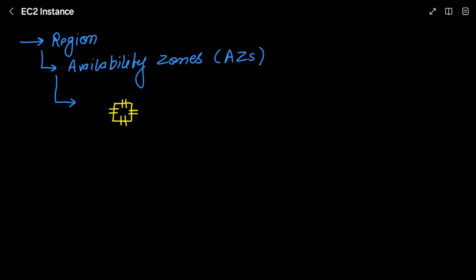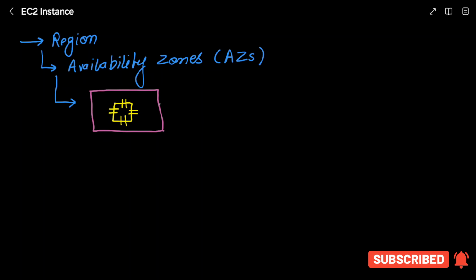But what you can do is specify that it's encapsulated in some sort of a network, which can be known as a VPC, a virtual private network, which you can configure and ensure one layer of security.